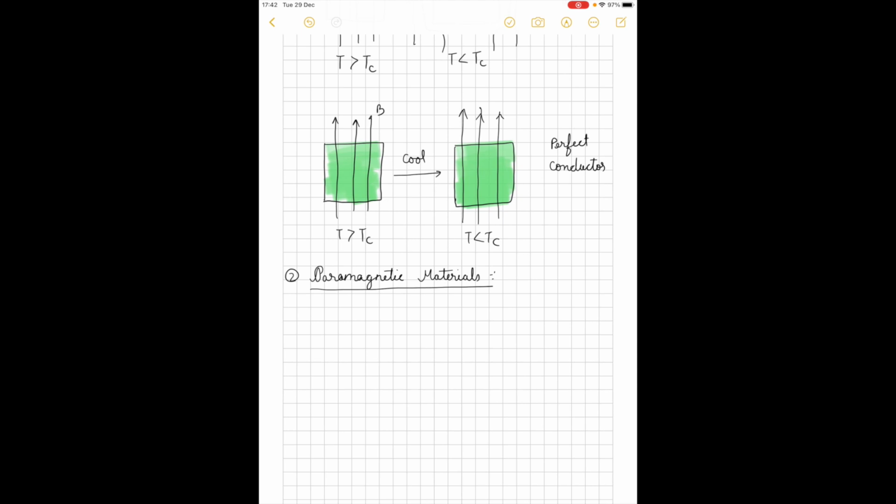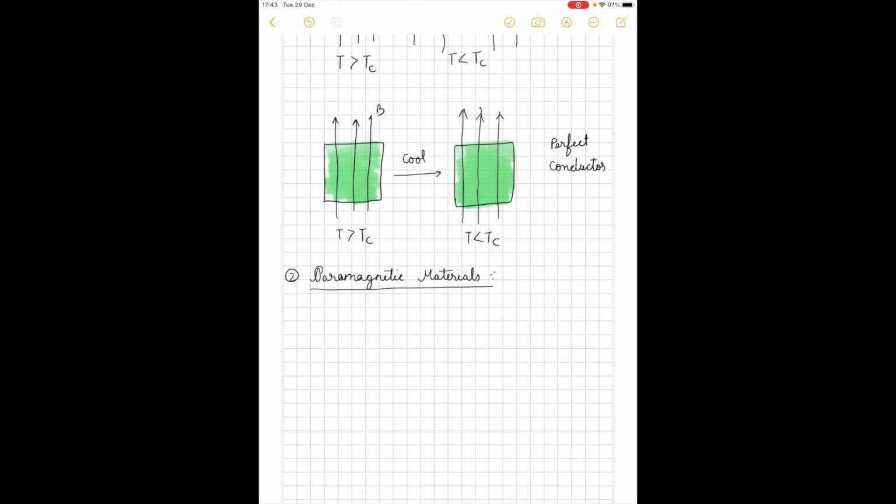B naught was, you remember, mu naught H. So the main origin of paramagnetism is because of the unpaired electrons in an atom or in an ion. So this leads to a net magnetic moment of a free atom or an ion.